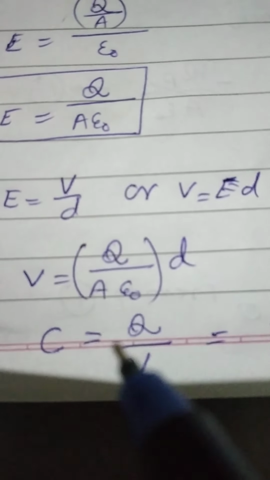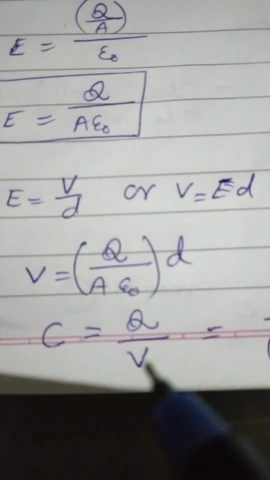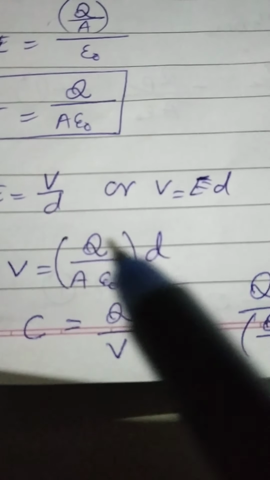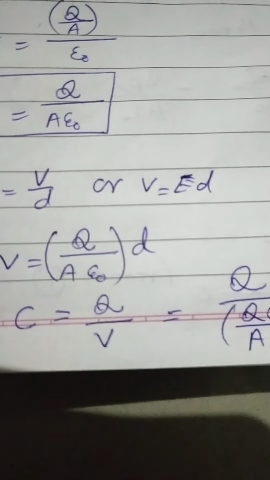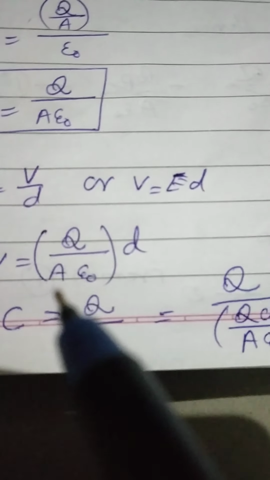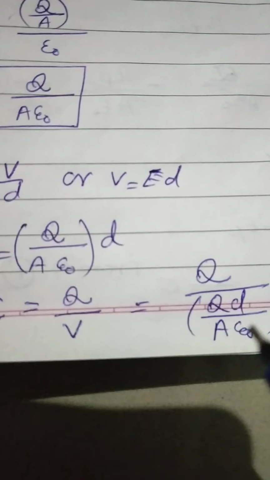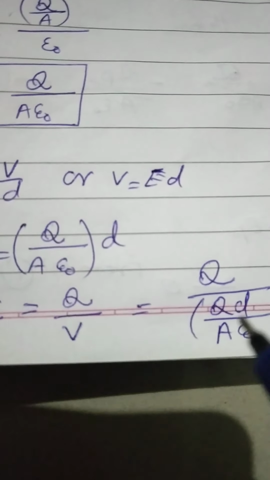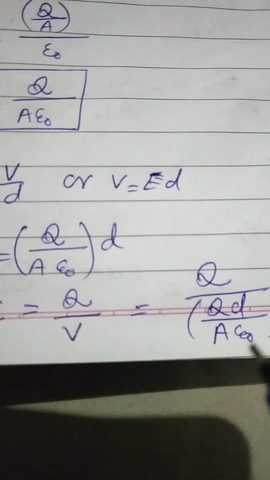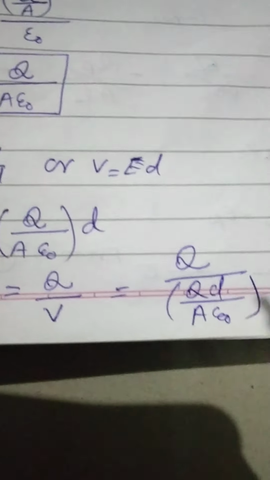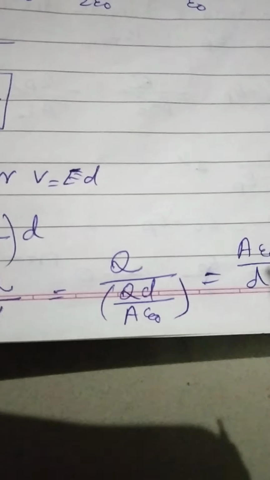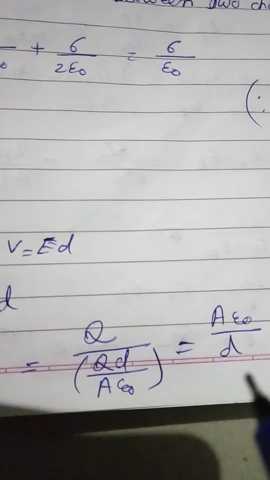C means the capacitance of the parallel plate capacitor, and C is equal to Q upon V. Putting in the value of V, we get Q upon Q d upon A epsilon naught. The Q cancels out, and we get C equal to A epsilon naught upon d.